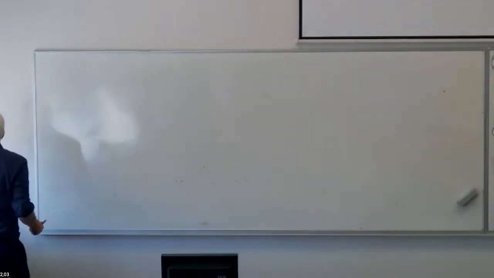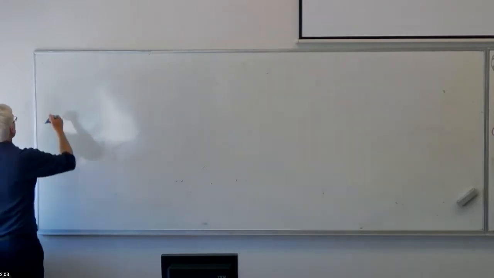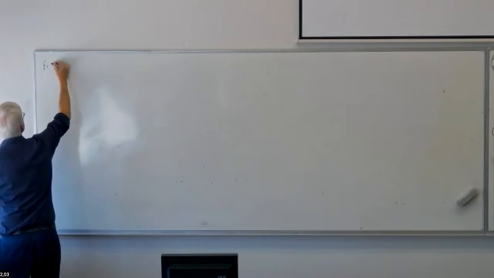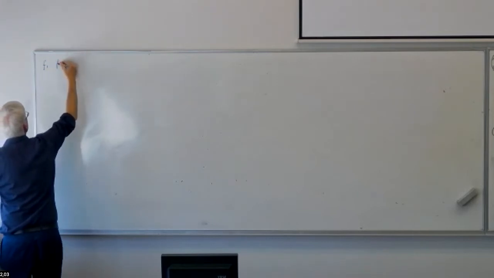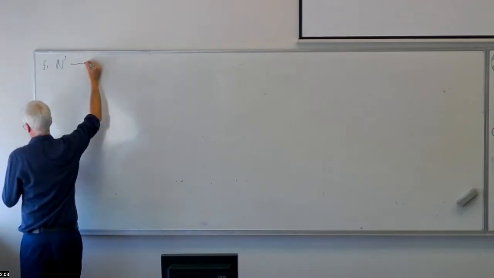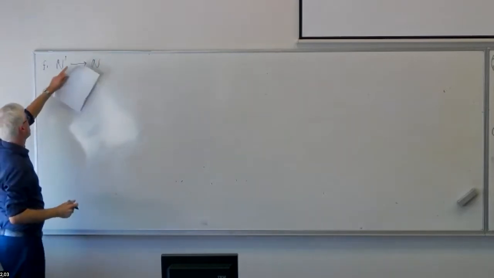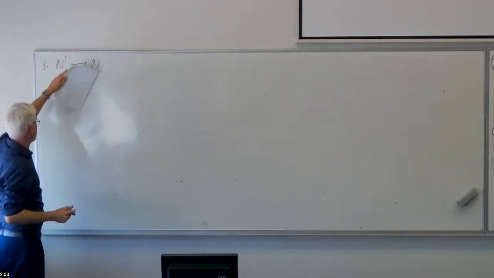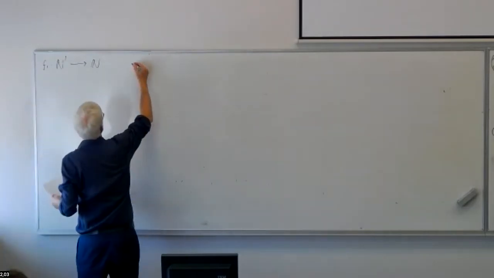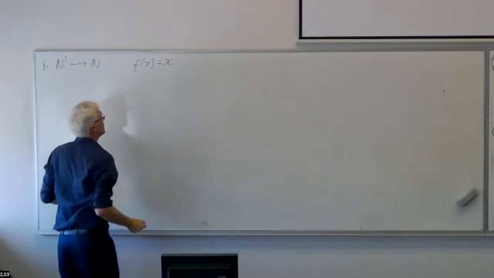So let's define some simple primitive recursive functions. Let's have a function that I'm going to call little f sub 1. That's going to be a unary function on the natural numbers, so just from the natural numbers to itself, but I'm going to, in any case, write the arity in here. This is the identity function, f of x equals x.